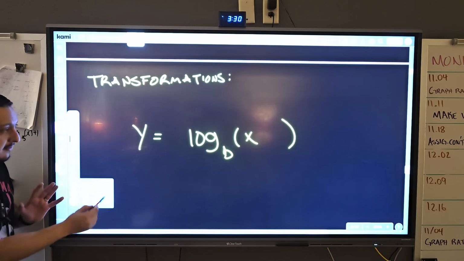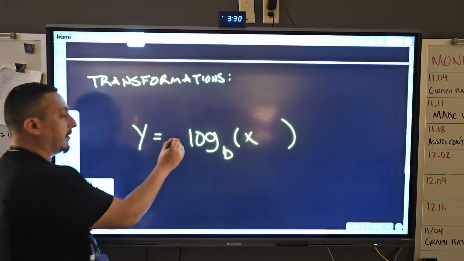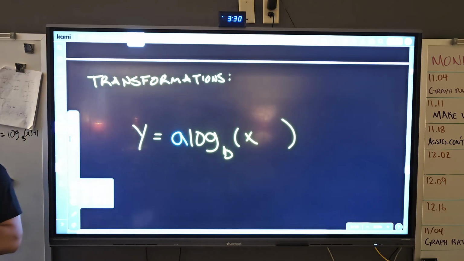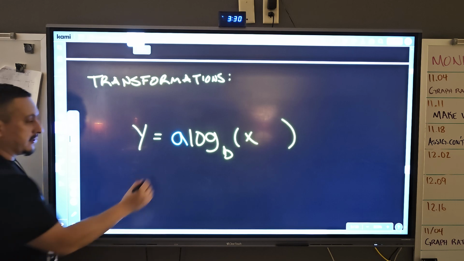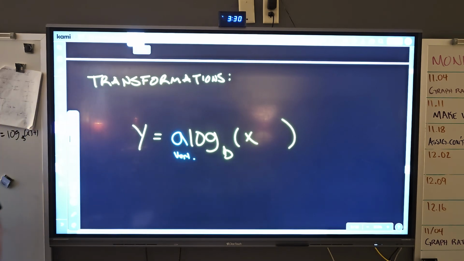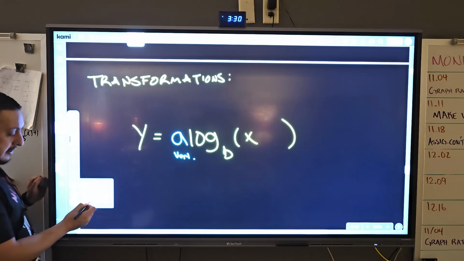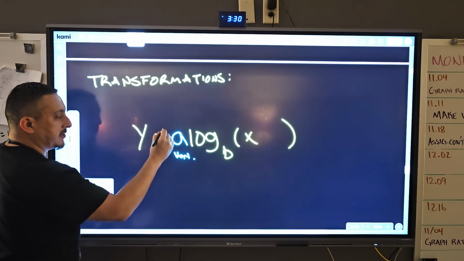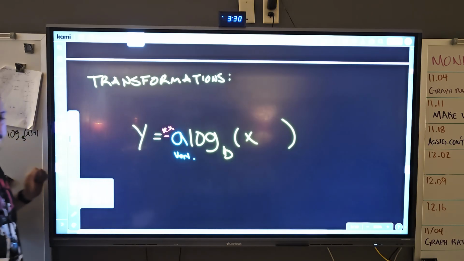Same movements as before. This is the a. a goes in the front, just like before. a is your vertical stretch and compress, depending on the size. The negative in the front is still your reflection on the x-axis. Same exact thing as before.